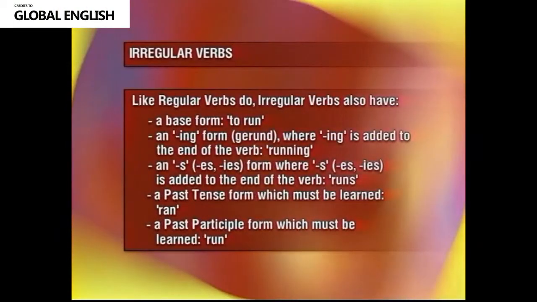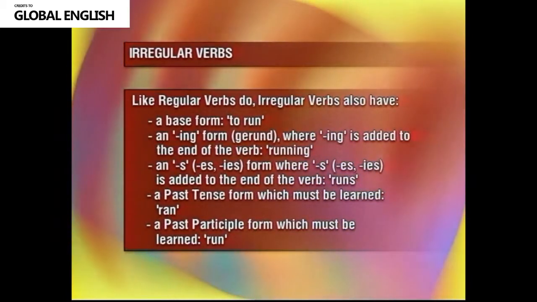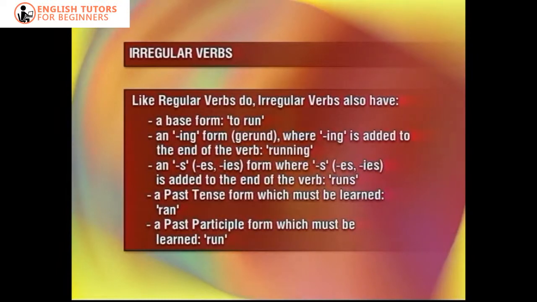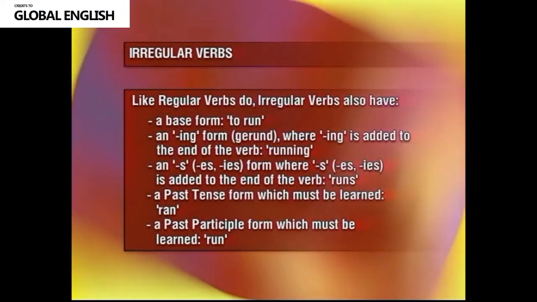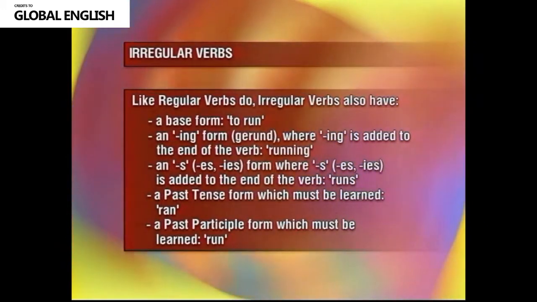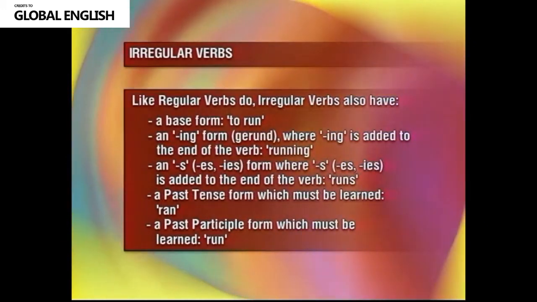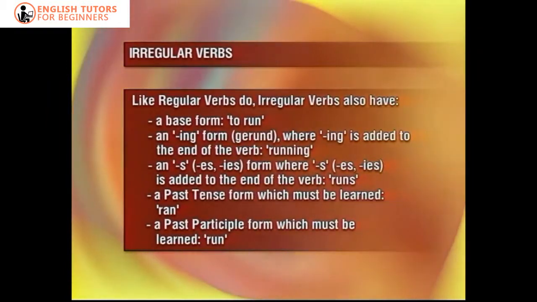Like regular verbs do, irregular verbs also have a base form, to run; an -ing form, the gerund, where -ing is added to the end of the verb, running; an -s, -es, -ies form, where -s, -es, -ies is added to the end of the verb, runs.